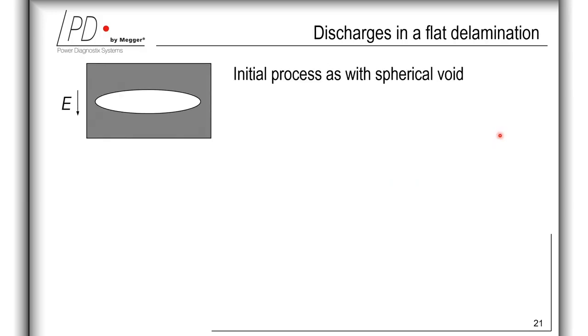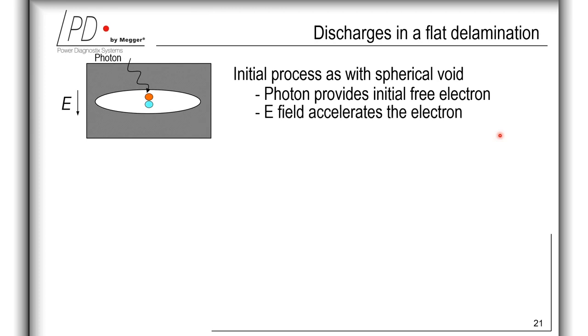So unlike the previous case, if the gas inclusion is not spherical, but is a flat delamination, such as air-filled pockets between layers of insulating material, then the process to derive the starting electron and to bridge the gap is identical as for the voids.